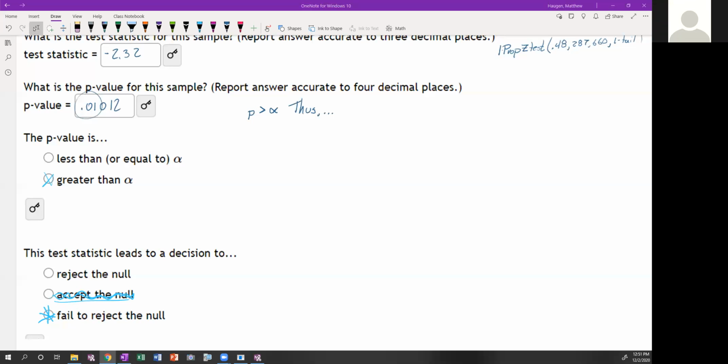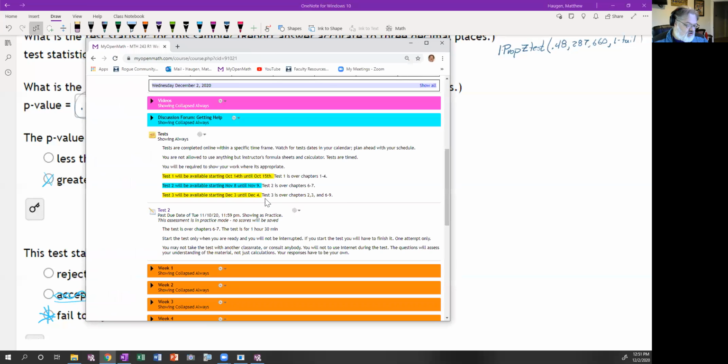I think it says 2, 3, and 6 through 9. Let's see. Yeah, test 3 is over chapters 2, 3, and 6 through 9. So basically comprehensive, except 4 and 5. We didn't really do 4, and 5 is just some language so we can do 6.